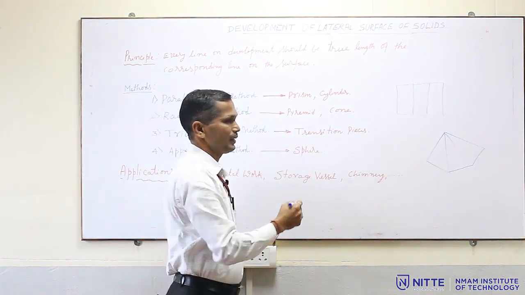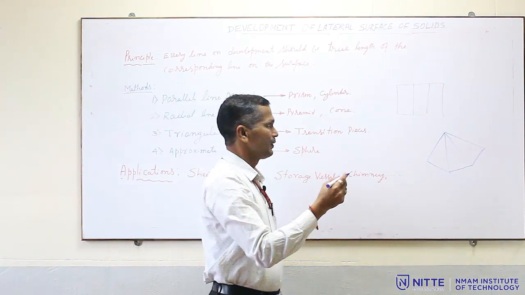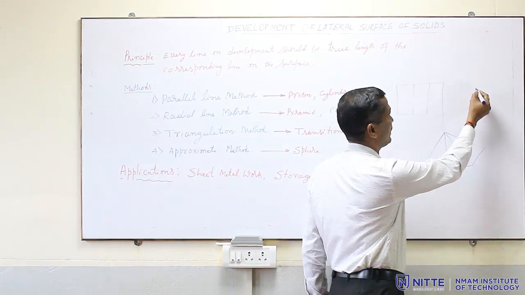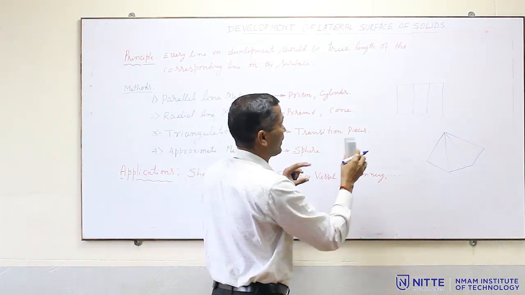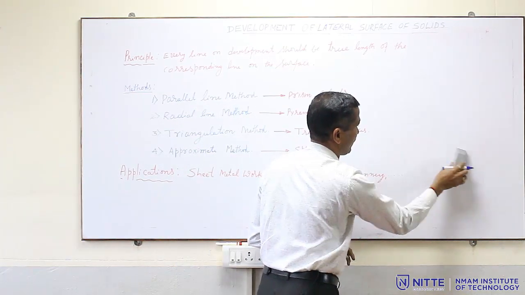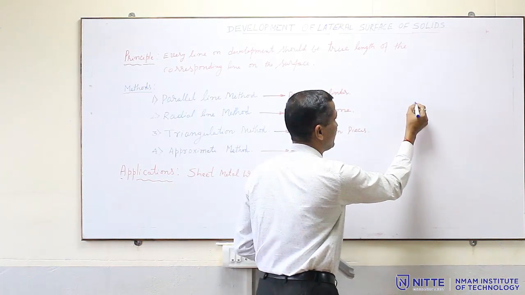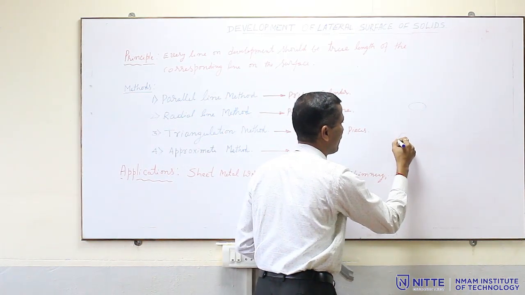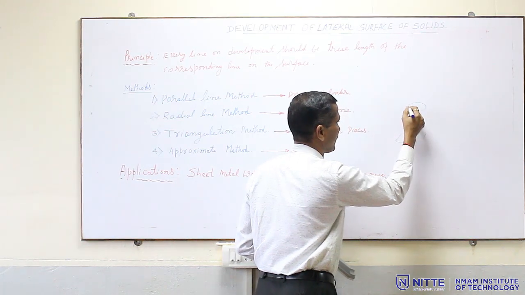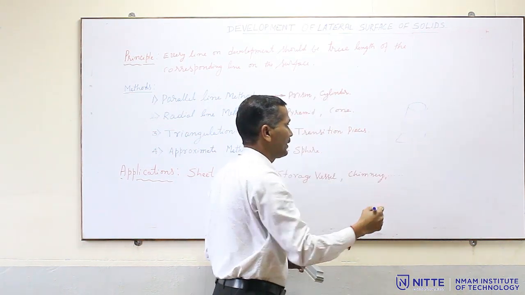Then the transition piece. A transition piece is a component we use for connecting a circular pipe to a square duct, that is, a transition from circular to square. One part will be the square and the other side will be a circle like this. This is called a transition piece.